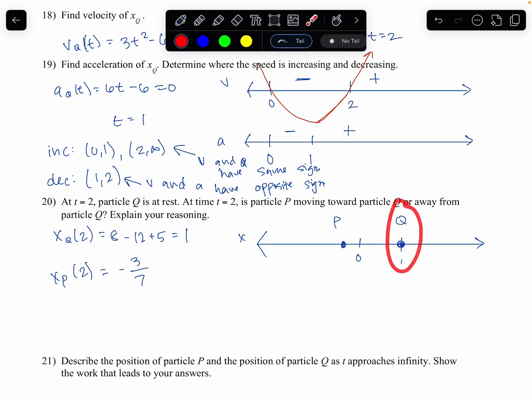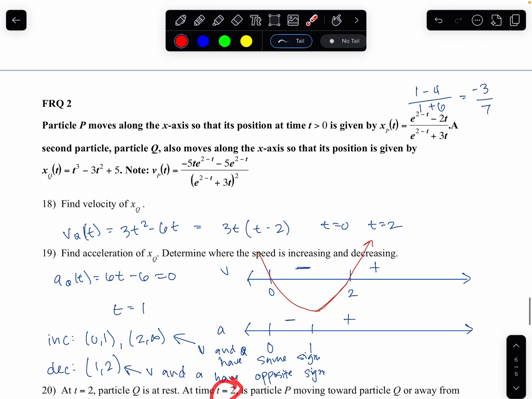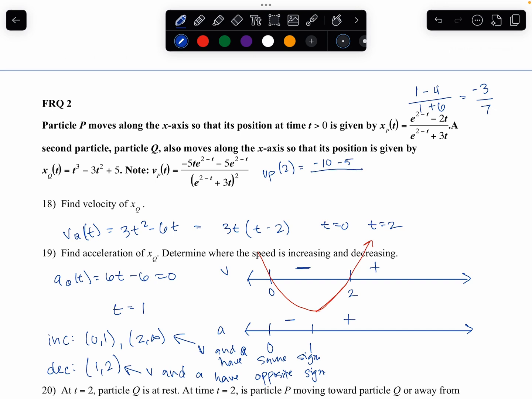I know that this particle is at rest, but I need to know if this one's moving left or moving right. That depends on the velocity. So I'm going to plug 2 in here. Vp of 2 is going to be equal to negative 10, and if I plug in 2 here, that just becomes 1. Then that's negative 10 minus 5 over, and if I plug in 2 here, this becomes 1, so 1 plus 6, squared.